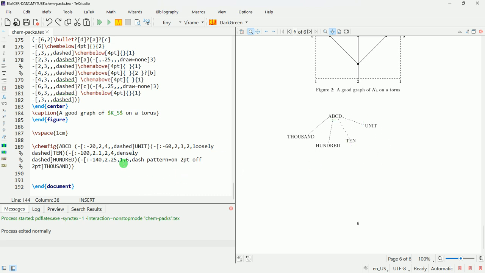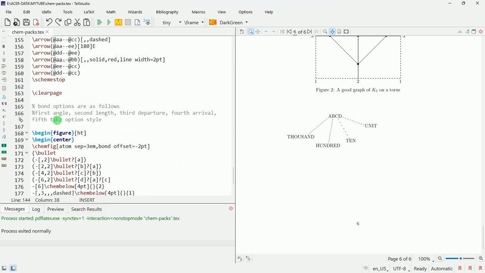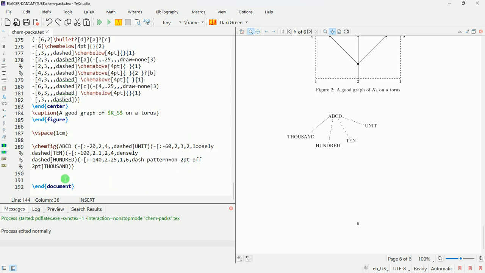So you see this is how it is written. Okay. 20, 30. Here I have written somewhere, first is angle, second is length, third is departure, fourth is arrival. So you see the thousand is the sixth column, sixth letter. So it is written 6 here. So it is arriving at A, sixth letter.